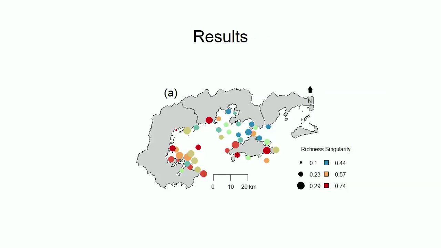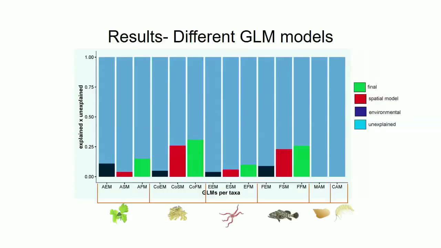You can see from this that the west side of the bay concentrates most of the rich and unique places, with unique compositions, whereas the central part of the bay holds more commonly seen species, and around the main island you also have some rich and unique places.